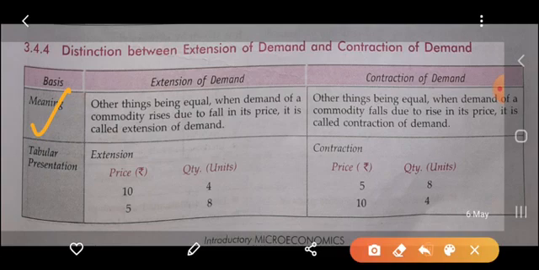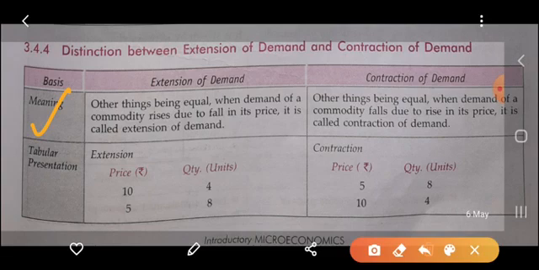Study the relation between the price of any commodity and quantity demanded. When the price of any commodity increases, the quantity demanded of that commodity decreases. In this case, the commodity is demanded more by the consumer when the prices fall; it is the case of extension of demand, other factors remaining constant.